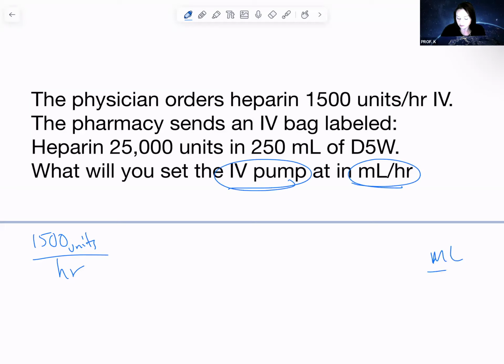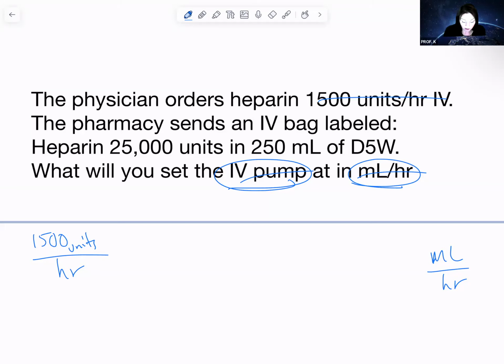It's giving you the wanted milliliters an hour. You don't want to mess with heparin and make an error with this calculation because heparin is a blood thinner. So if you overdose a patient on heparin, they can have bleeding in their brain, bleeding in their colon, bleeding in their lungs. They can bleed everywhere inside their body. So it's very important you understand this, okay?